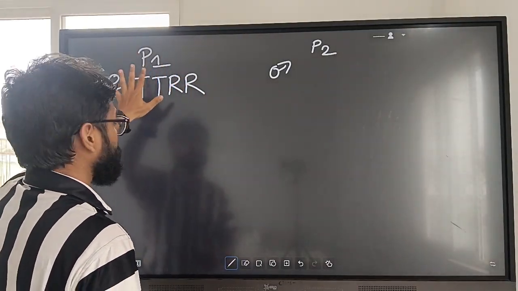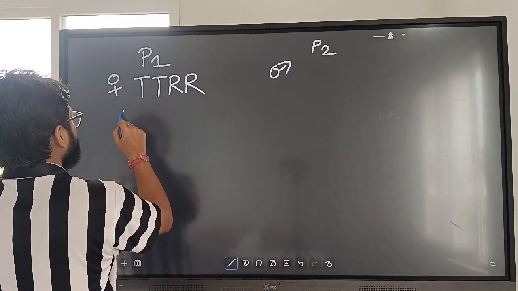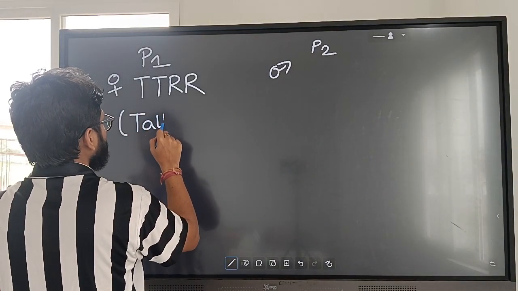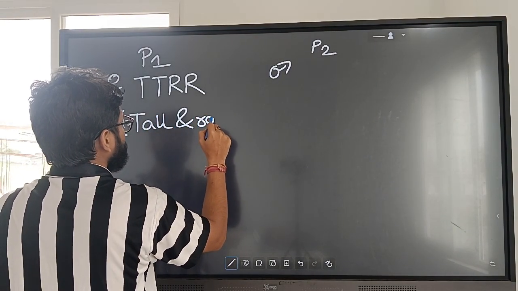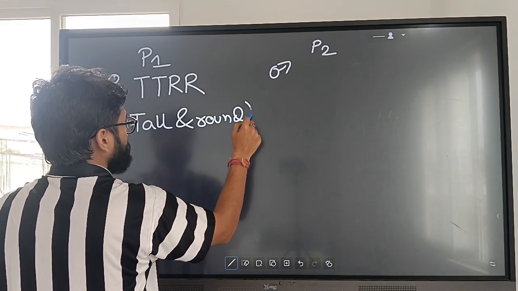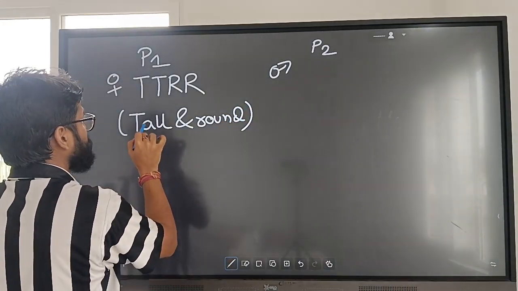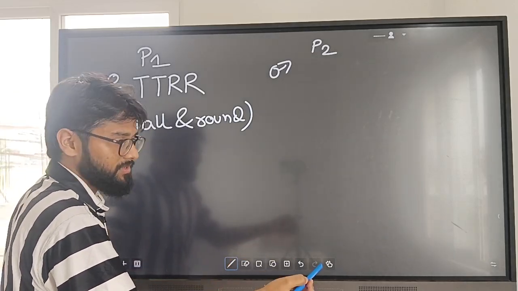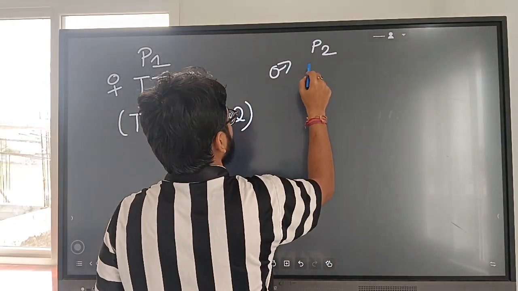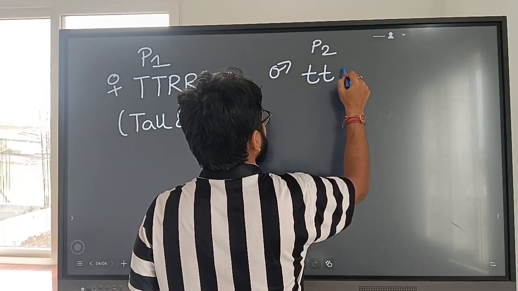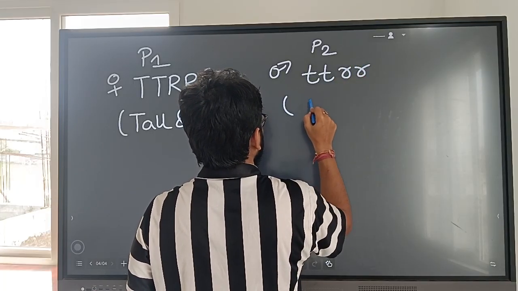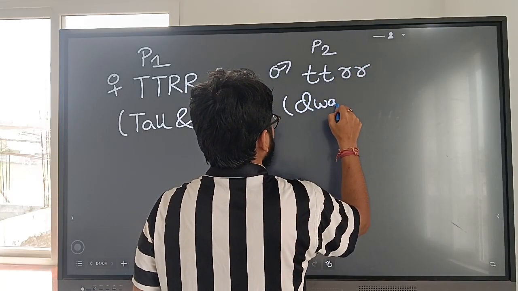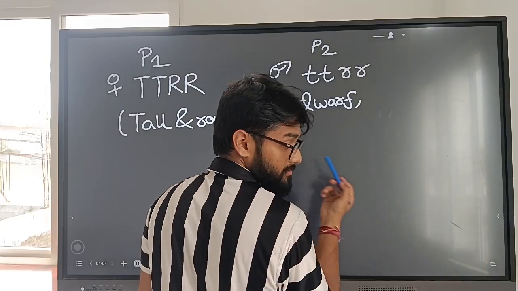This female parent is tall and round. Tall means tall as in plant height and round as in seed shape. Similarly, for this we will take small t, small t, small r, small r. This will become dwarf and wrinkled.